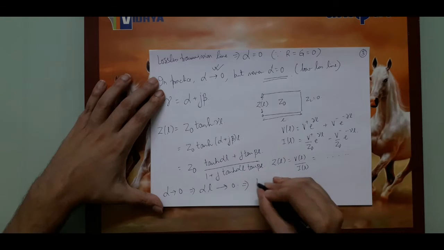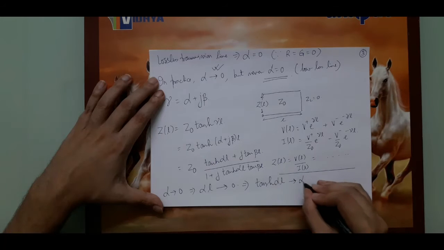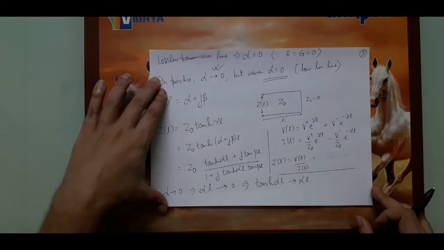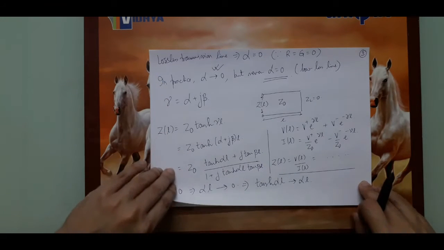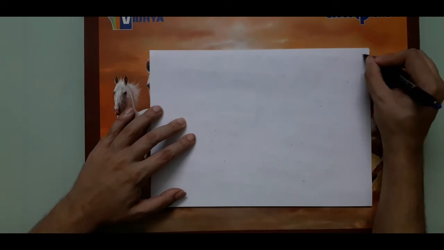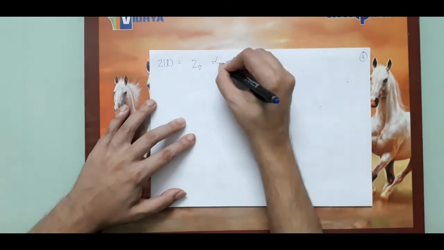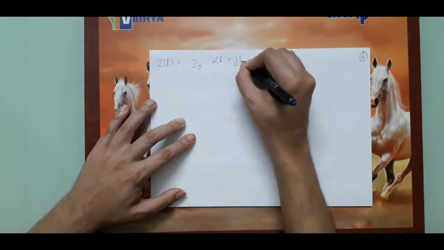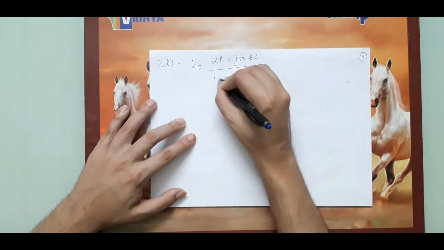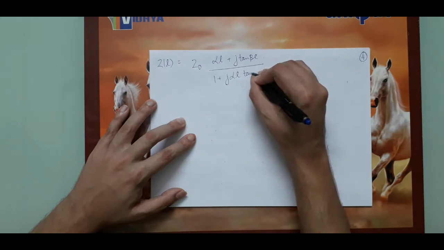So that means I can now put an approximation that tanh of alpha L will tend to alpha L. So substituting that over here, I can say Z0 times alpha L plus j tan beta L divided by 1 plus j alpha L tan beta L.